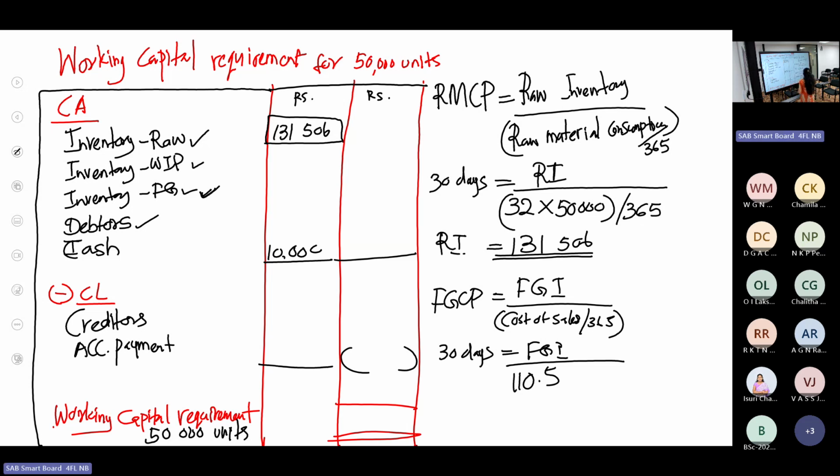How many units? 50,000 units. Divide by 365. FGI, how much is it? 454,109.